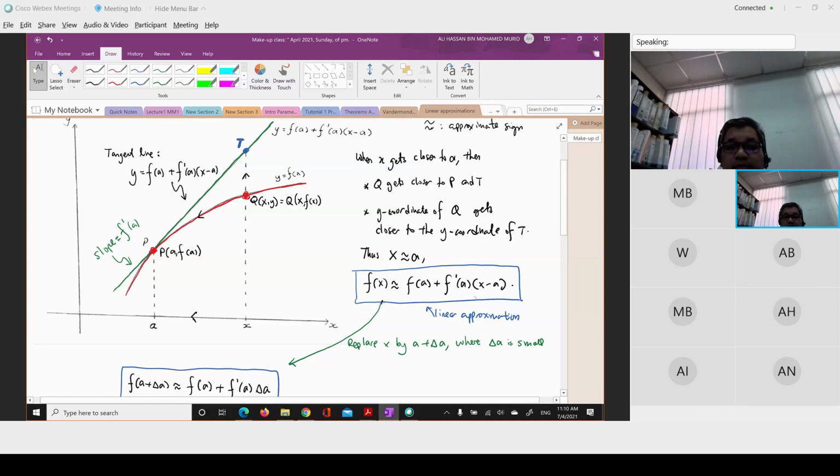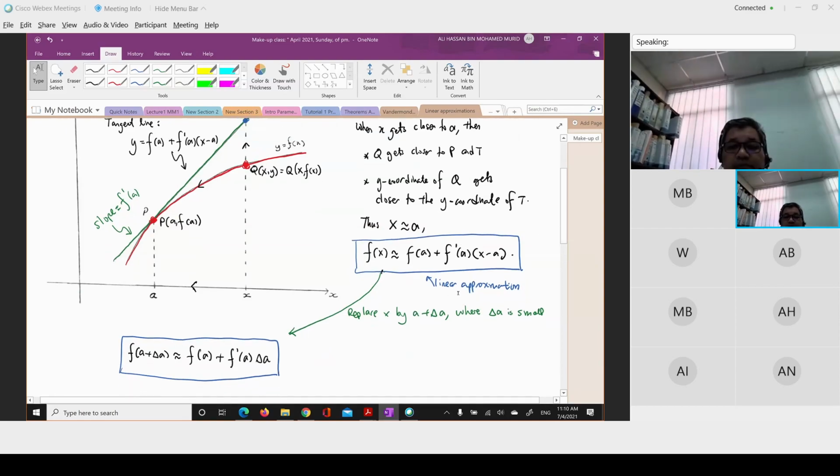You see, when x gets very close to a, this bracket term will become very, very small. So as x tends to a, if we take the limit, the right hand side tends to f(a). So this is called a linear approximation formula for the function of a single variable.